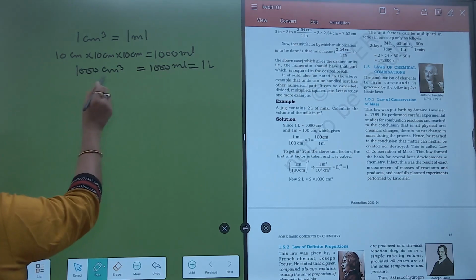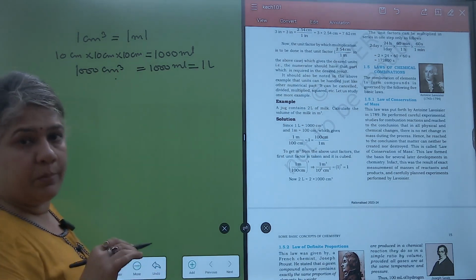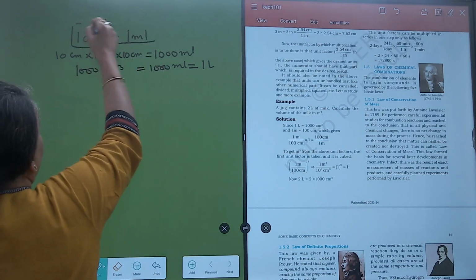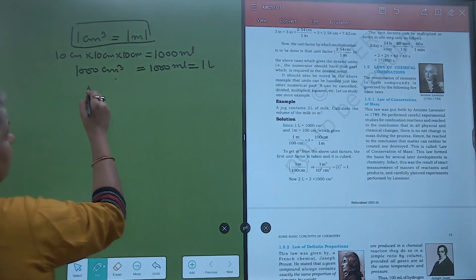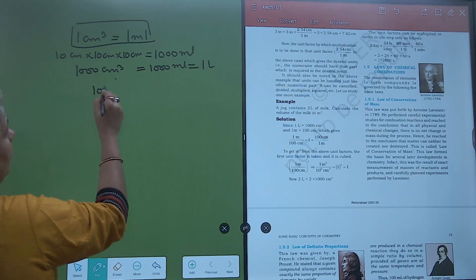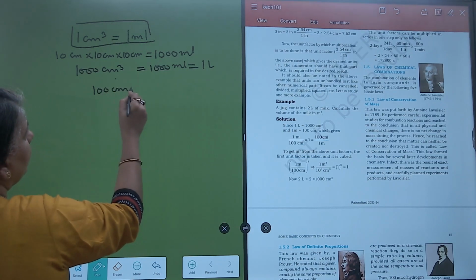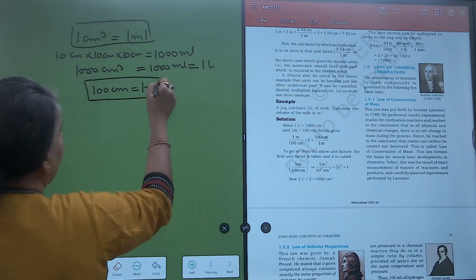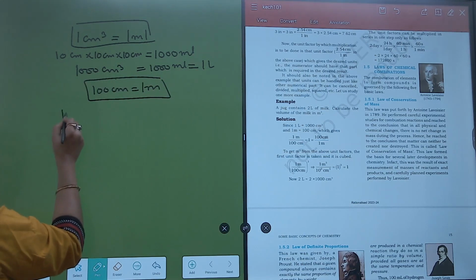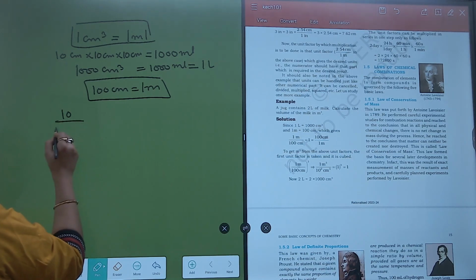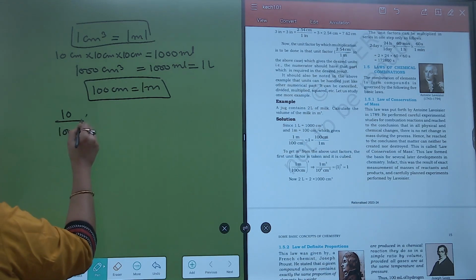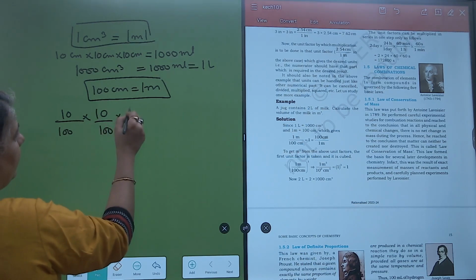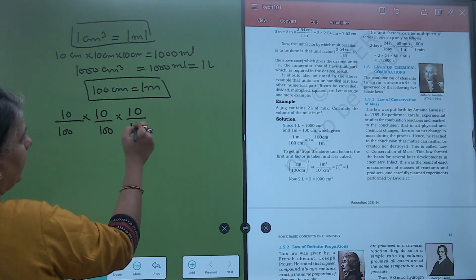So we can convert this centimeter cube to meter cube. So now use this relationship, that 100 centimeter is equal to 1 meter. Now divide 10 centimeter by 100, then 10 centimeter by 100 and 10 centimeter by 100.